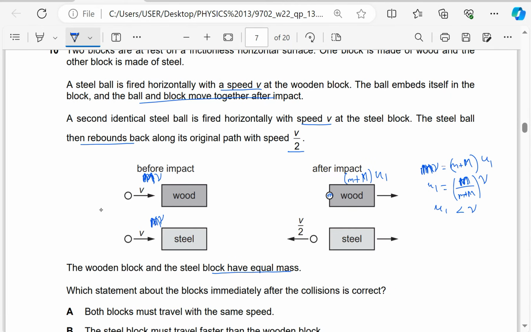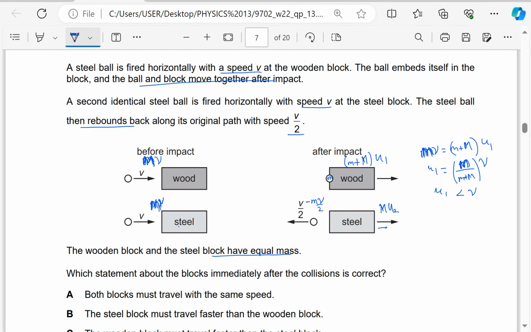Here again, small m times v, because the steel block was at rest before the collision. After collision, the ball moves to the left-hand side, so its momentum is negative m times v over 2. And the steel block continues in this direction with momentum capital M times U2, let its speed be U2.